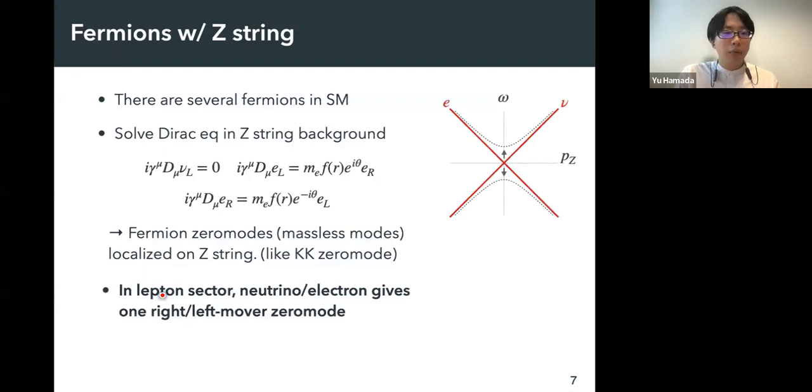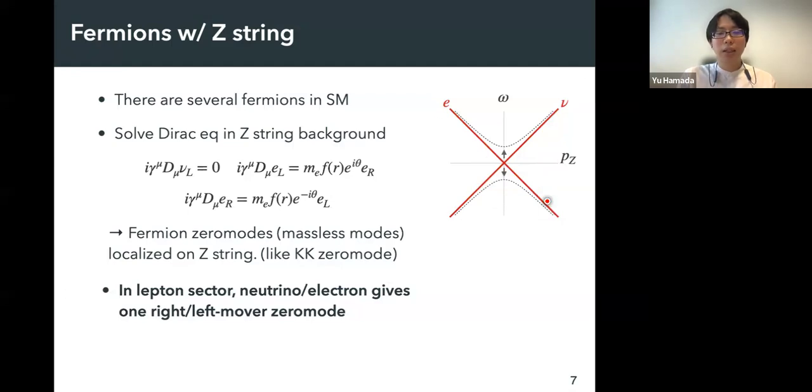In the end, we can see that, for example, in the lepton sector, the left-handed neutrino gives a right mover mode along the z-axis, along the Z string. On the other hand, the electron gives one left mover on the Z string.